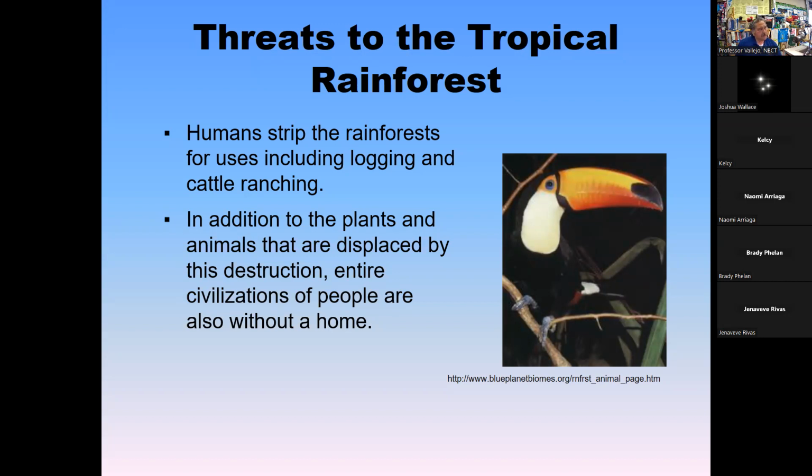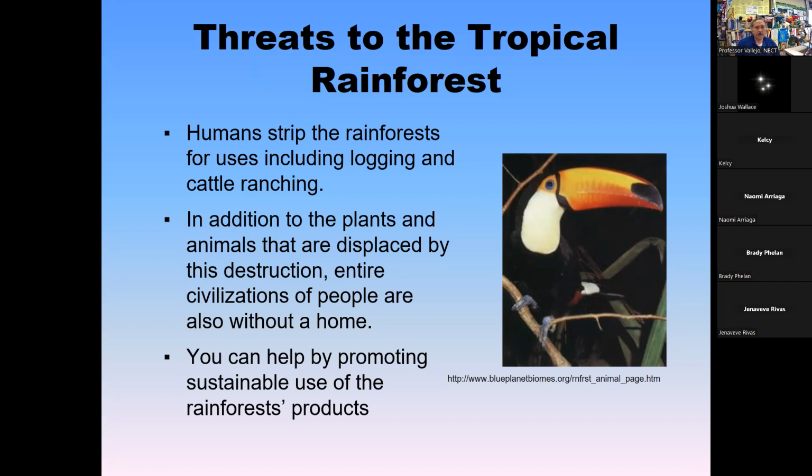Like in Brazil, people had to move out of the tropical rainforest and into cities, and that's not really what we wanted to do with the native peoples, but that's what happened in history. Okay, and you can help by promoting sustainable use of rainforest products.